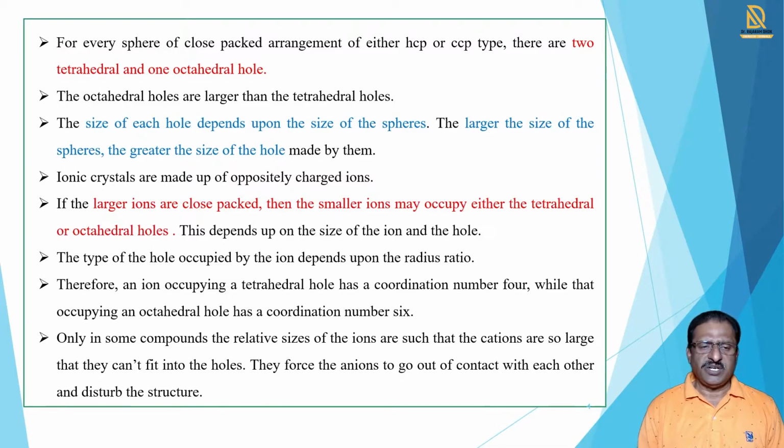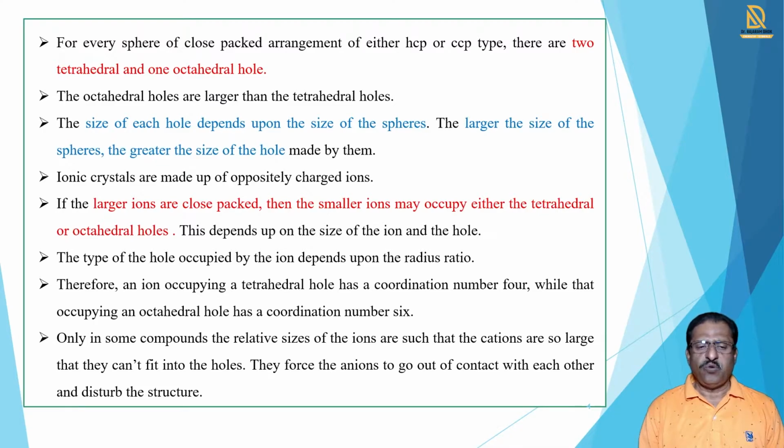Ionic crystals are made up of oppositely charged ions, and if the larger ions are close packed, then smaller ions may occupy either the tetrahedral or octahedral holes. This depends upon the size of the ions and the holes formed in between.